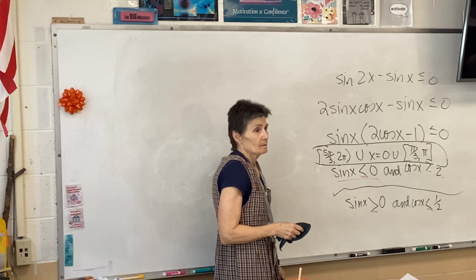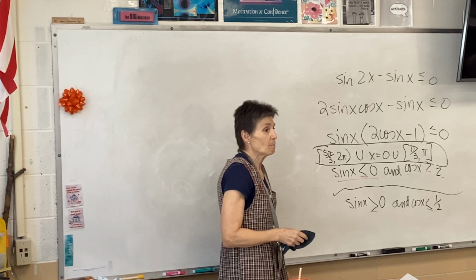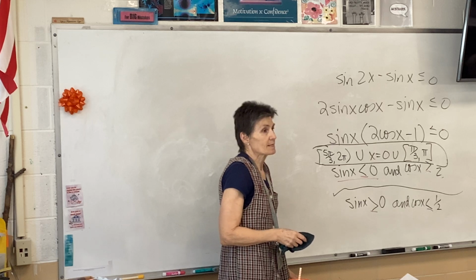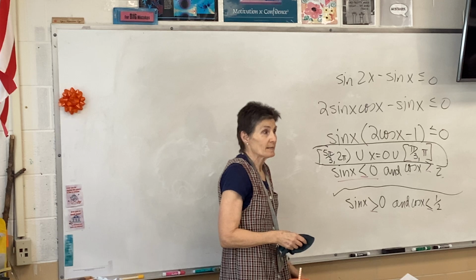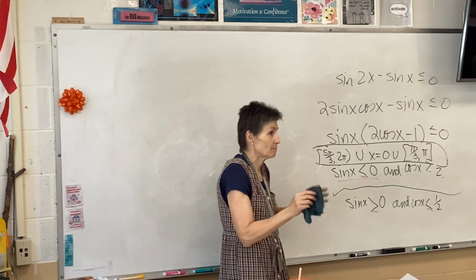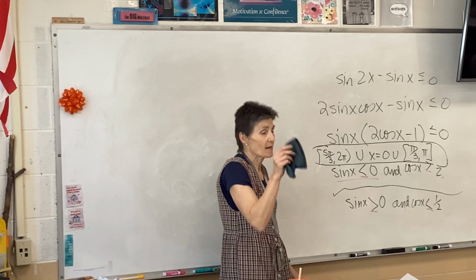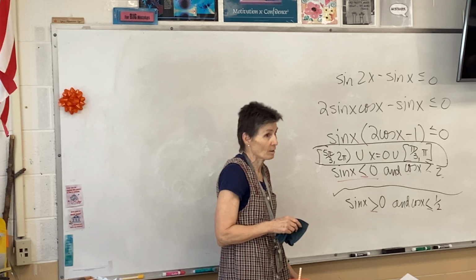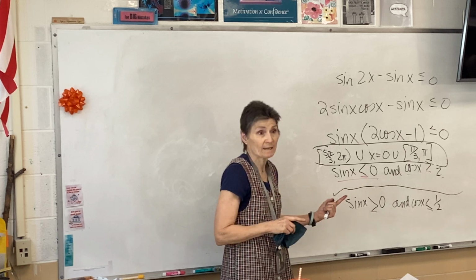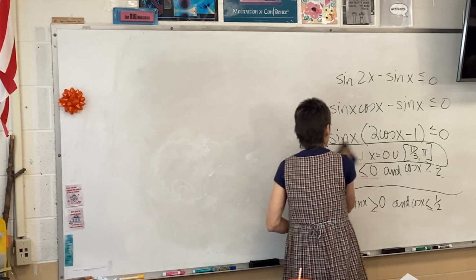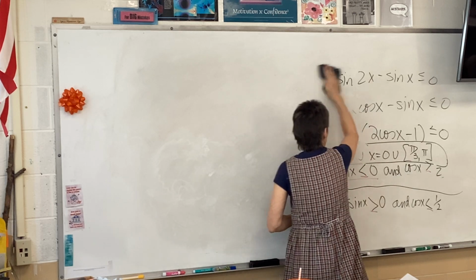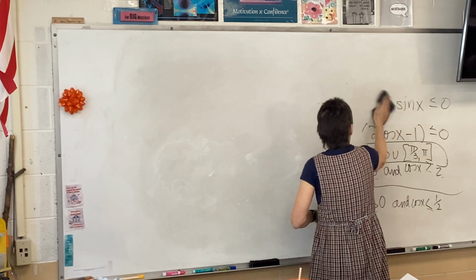Because at the pi over 4s, sine and cosine are the same number, sometimes positive or negative, but the same number. When I put sine over cosine at pi over 4, it's going to be 1 or negative 1. In quadrant 2, sine is positive but cosine's negative, so that's going to be negative 1.